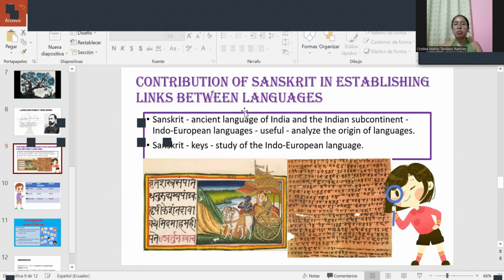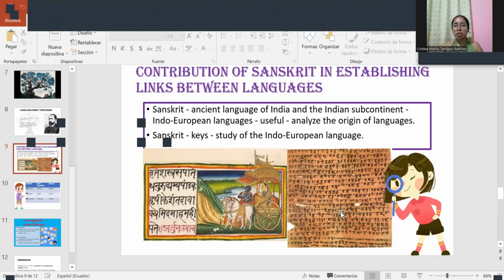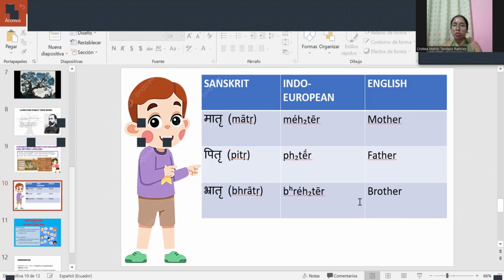In this case, it was the contribution of Sanskrit to the links between languages, because it helped to compare and understand if there are similarities between different languages with this ancient language that is Sanskrit.